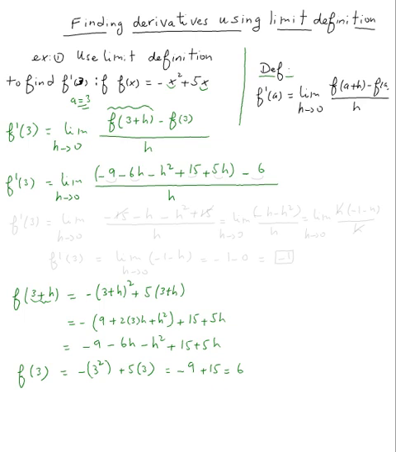Now f prime of 3 is equal to the limit as h approaches 0. Now I'm going to try to simplify. So minus 9 minus 6 is minus 15. Minus 6h plus 5h is minus 1h.